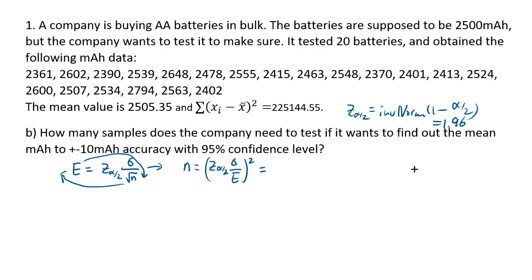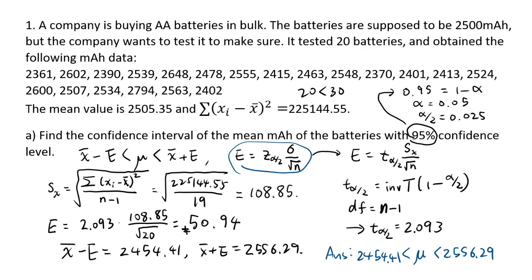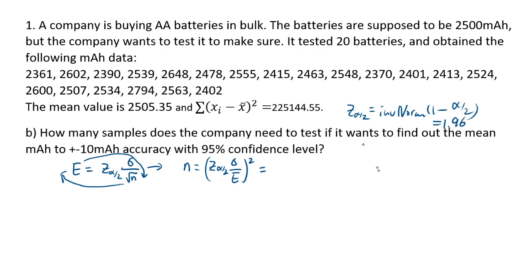And then sigma, we had the value, right? We had the value which was 108.85. So let's write that down. So sigma is about the same as the Sx, which is 108.85. And then E is, we want the error not to be more than 10.